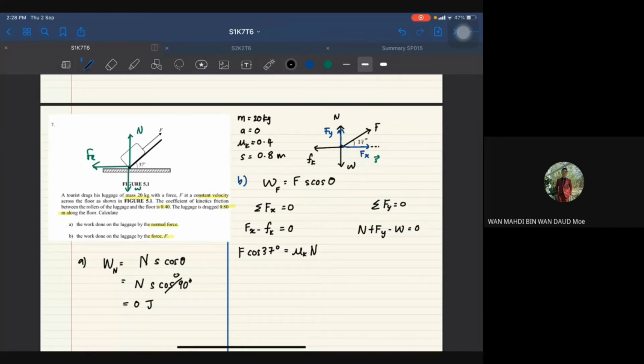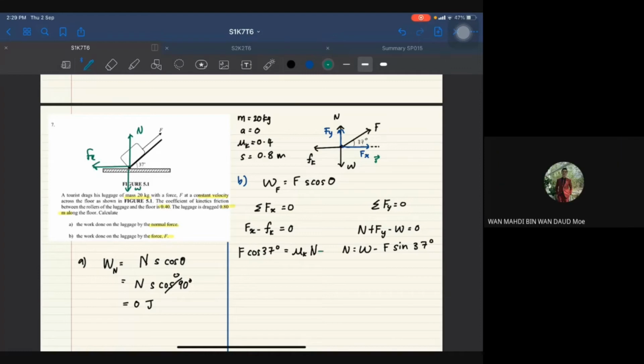If I want to find my F, now I need to have my N. You can get the N from the Fy equation, where N equals weight minus Fy. I bring the weight to the right hand side. Weight is positive, minus the Fy, which is F sine 37 degrees. So far so good?